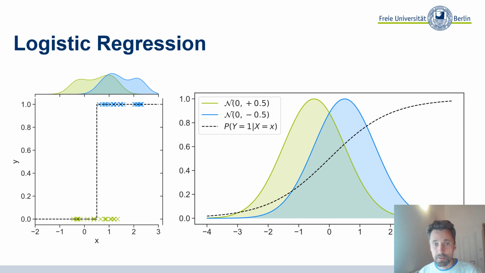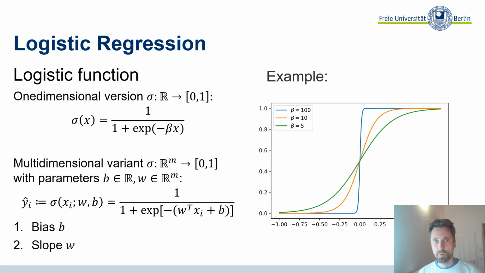so-called logistic function. So in the one-dimensional case, our logistic function looks like this. It maps any real valued input to the interval 0 to 1. So that is our requirement. So that's good. And the form is 1 over 1 plus e to the minus beta x.